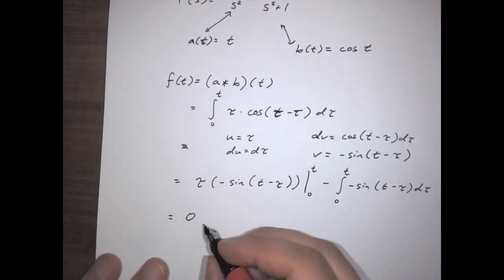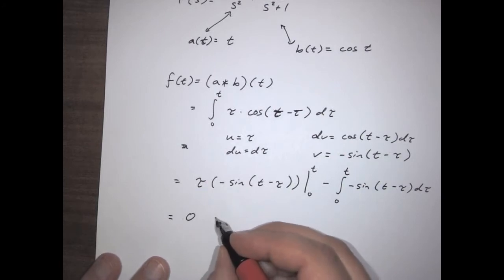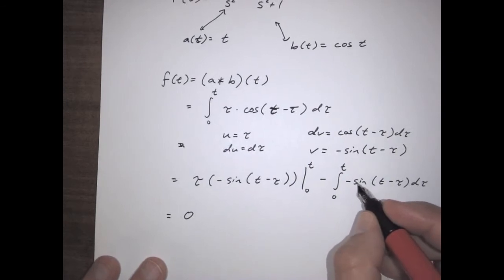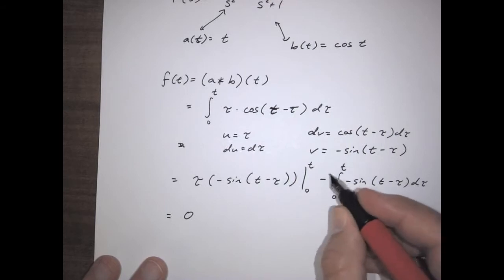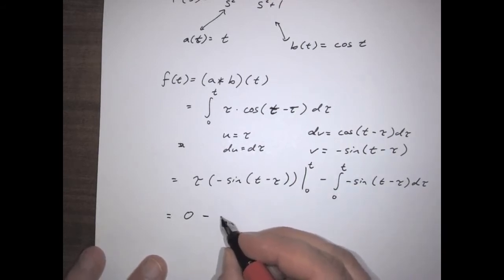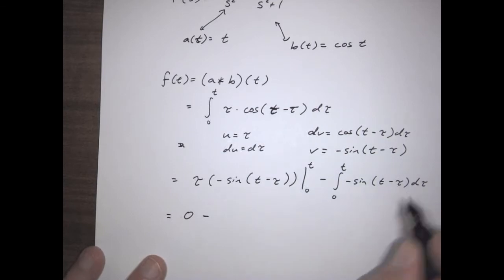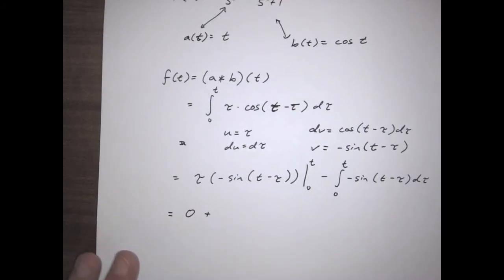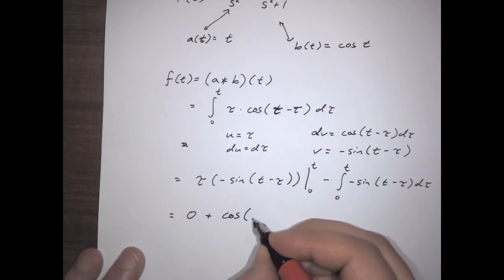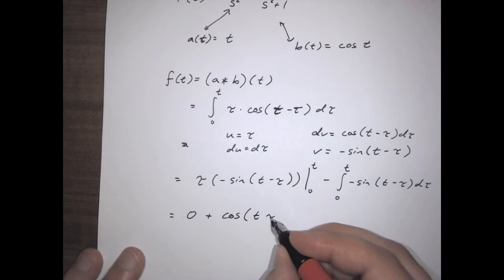And so then over here, the antiderivative of sine is negative cosine. So here, those two negatives might cancel each other out. And then we'll have minus, but then there's another negative yet further in there. So negative, negative, negative, negative, 4 negatives to make a positive cosine of t minus tau.